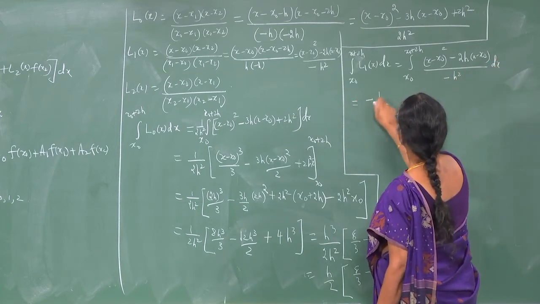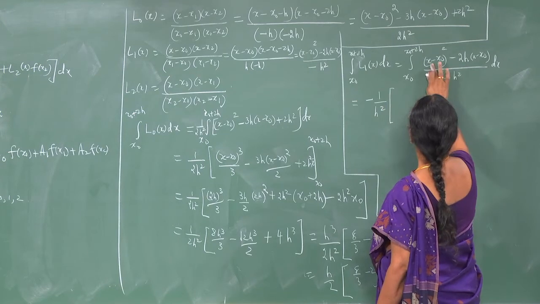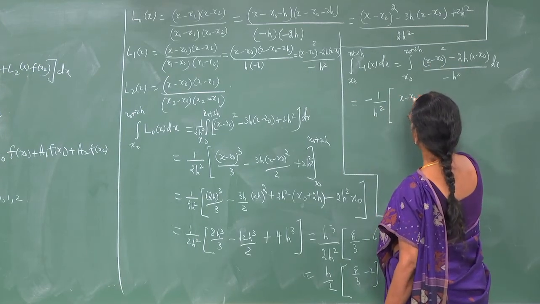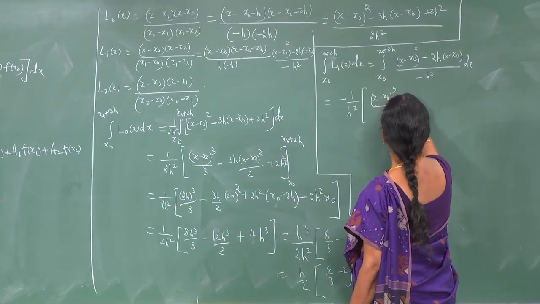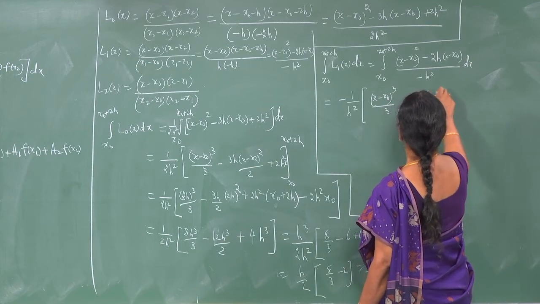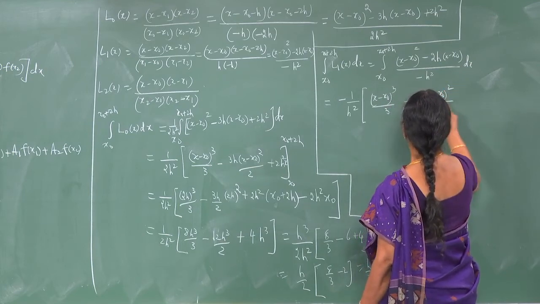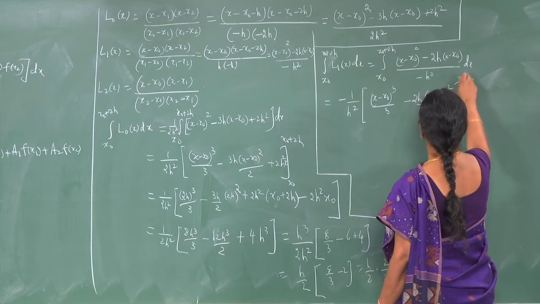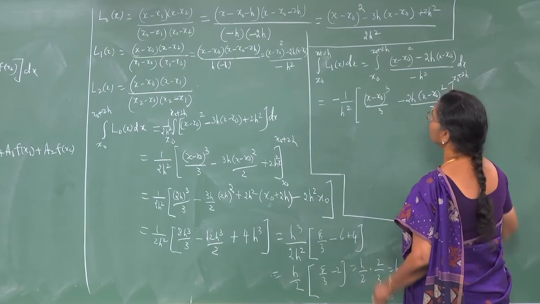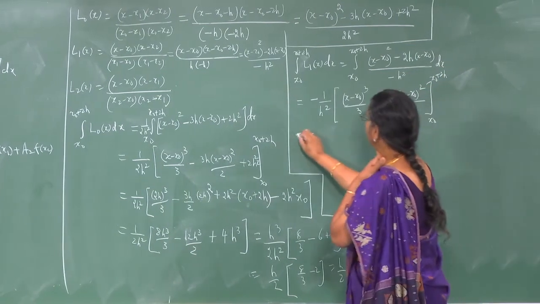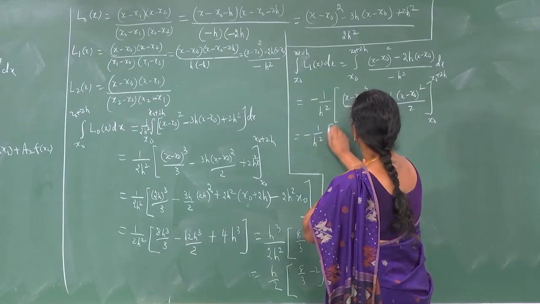So, minus 1 by h squared into, let us evaluate, x minus x0 the whole cube by 3 minus 2h into x minus x0 the whole squared by 2, between x0 and x0 plus 2h. So, that gives you minus 1 by h squared.